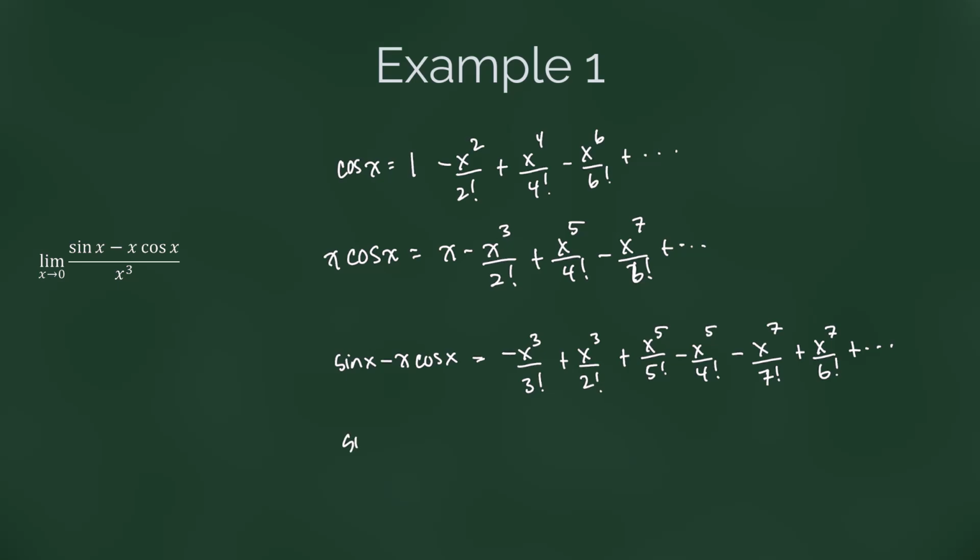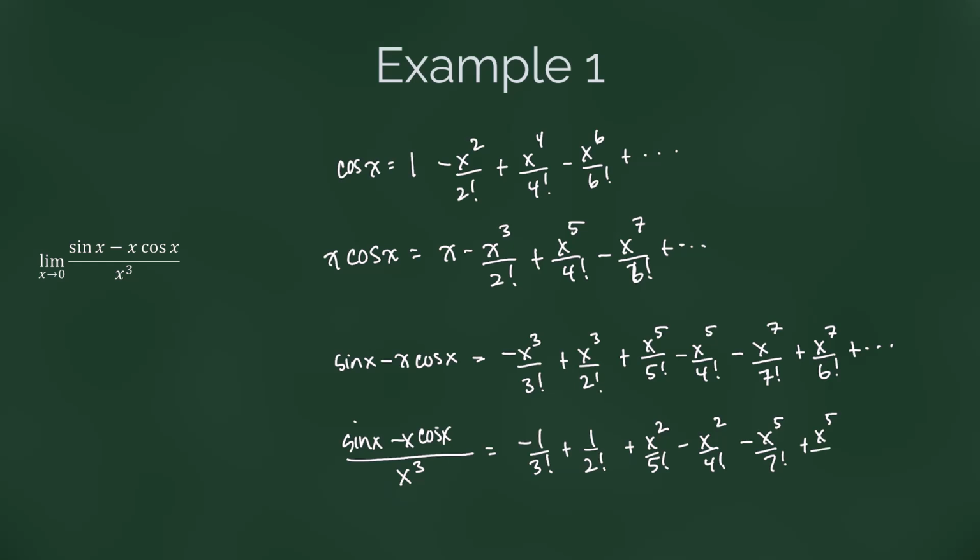Dividing that all by x to the third, we get that sine x minus x cosine x over x cubed is now negative 1 over 3 factorial plus 1 over 2 factorial plus x squared over 5 factorial minus x squared over 4 factorial minus x to the fifth over 7 factorial plus x to the fifth over 6 factorial, and so forth.